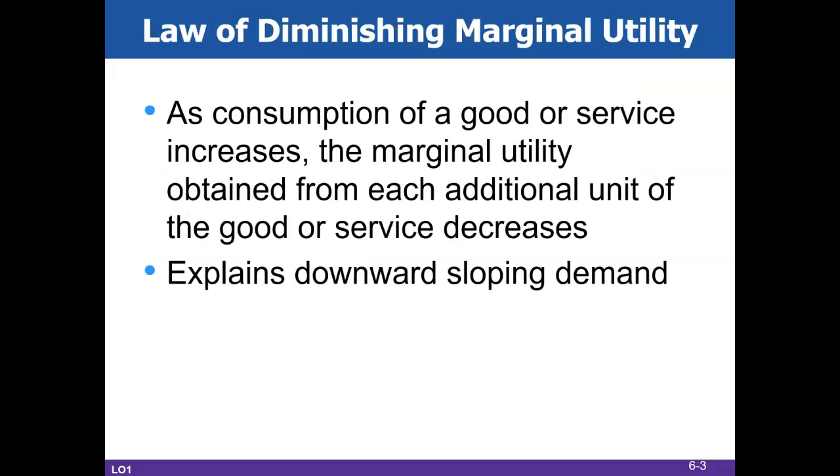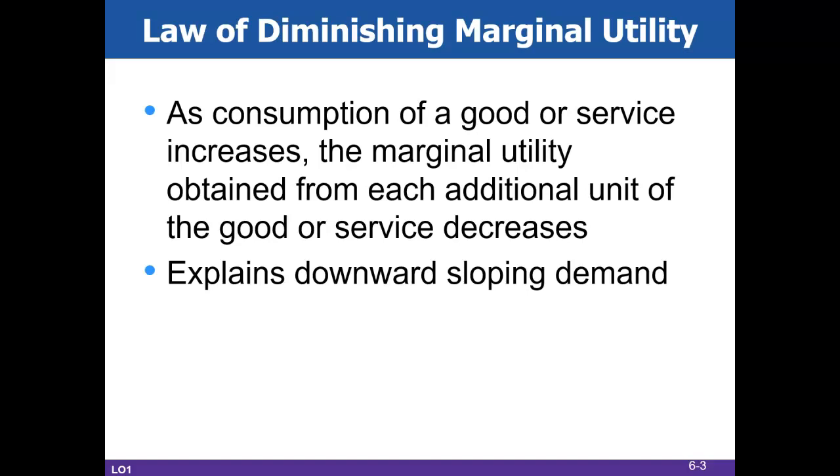As consumption of a good or service increases, marginal utility obtained from each additional unit of the good or service decreases. This is known as the law of diminishing marginal utility. If you're consuming bagels, assume that initially you might be so hungry that the first bagel is maybe 10 utils. Maybe the second bagel that you have is even more beneficial to you, so you gain more utils. Maybe the second bagel is like 15 utils.